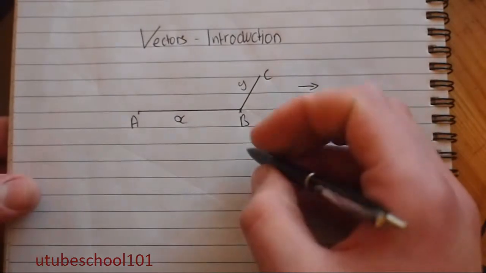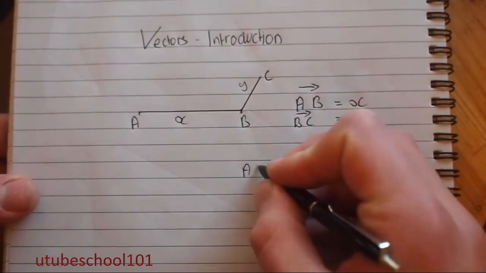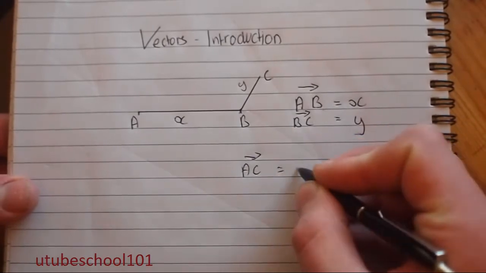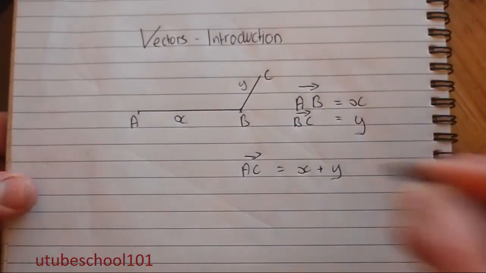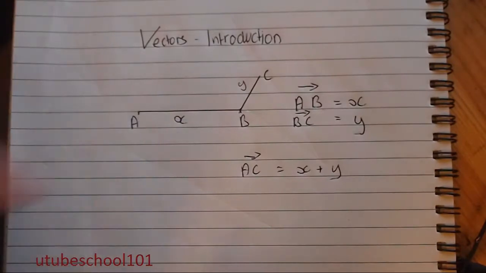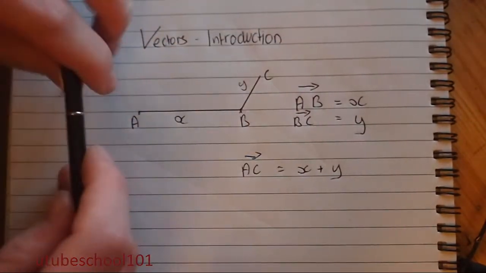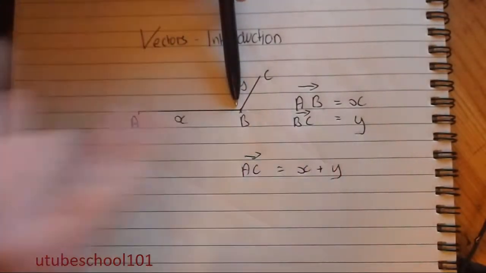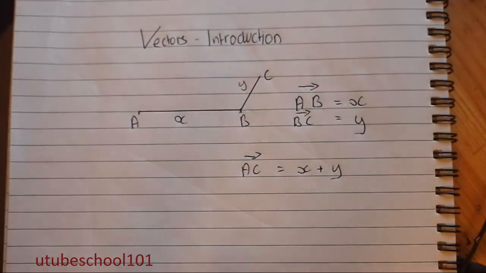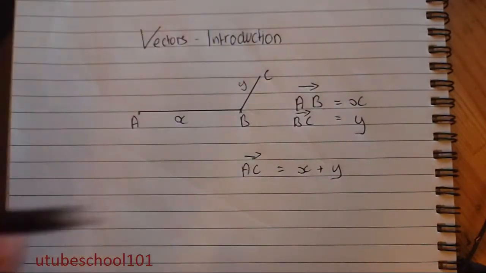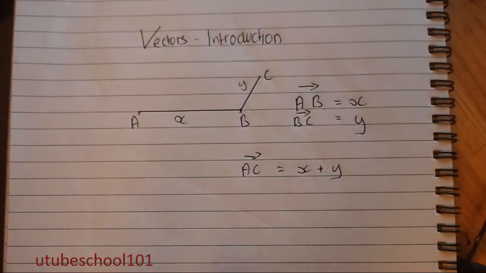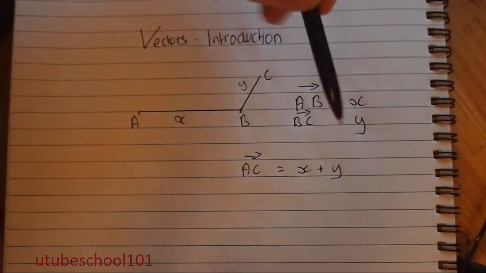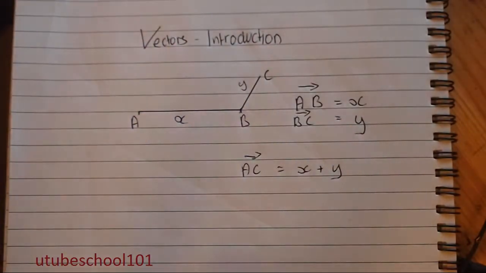However, we're just going to write A to C equals X plus Y. And you can see this is true. First of all you add the vector X, so you are going from A to B, and then Y, you're going from B to C. And if you've done algebra before, and any maths really, you'll realise that Y plus X is the same as X plus Y. They're going to both add the same. 1 plus 2 is the same as 2 plus 1.